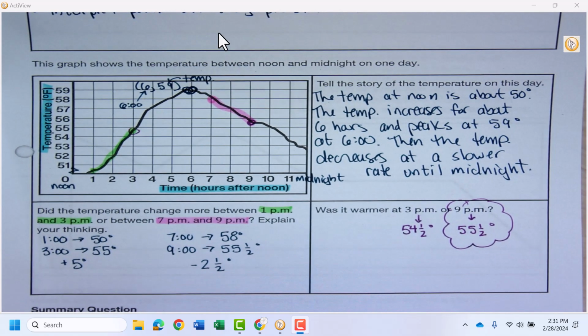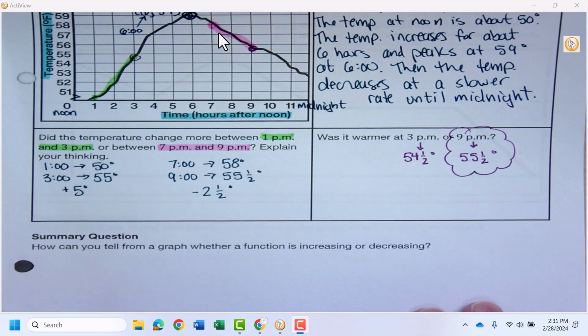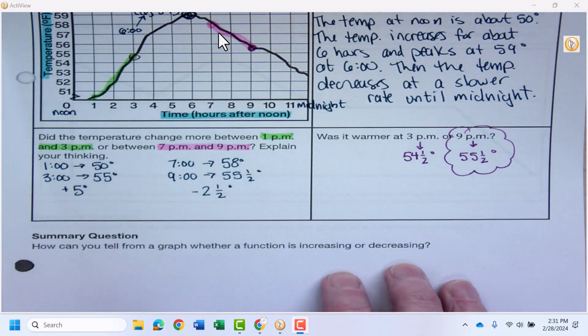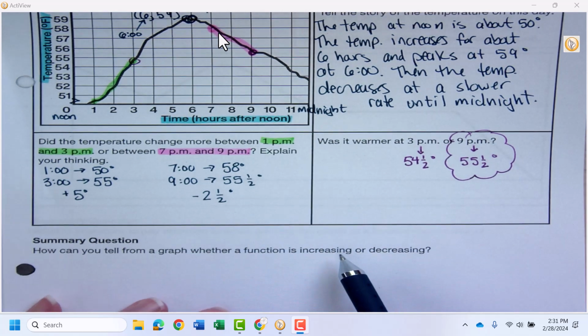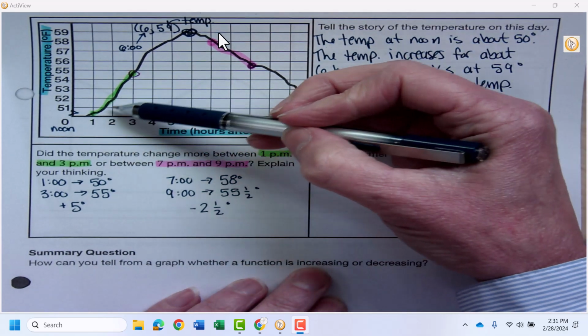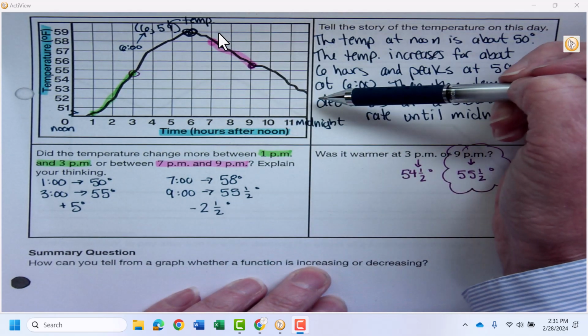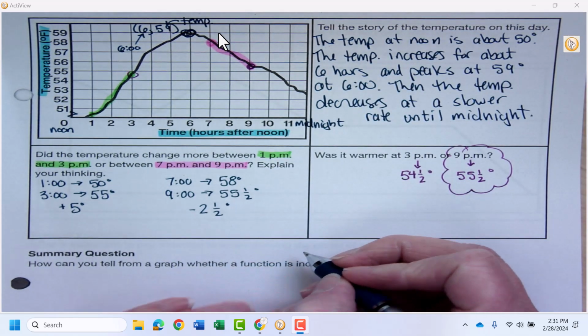telling us. I said there was a third learning target, and it was about how can you tell when a function is increasing or decreasing. It seems pretty obvious to me, but we're going to go ahead and nail it down anyway. It's increasing when the graph is going up, and it's decreasing when the graph is going down. But I want to make sure I say one extra thing.